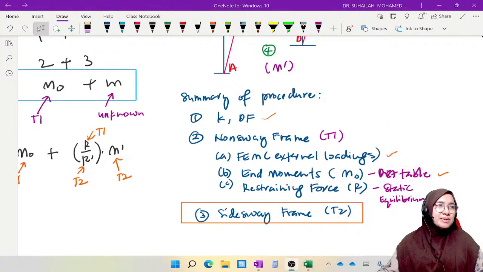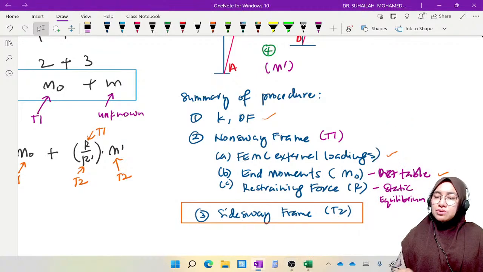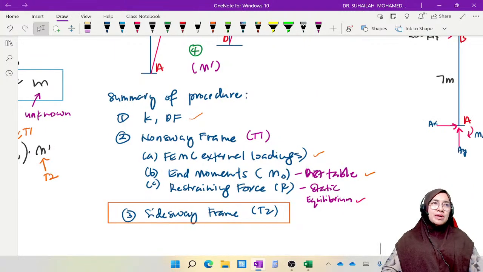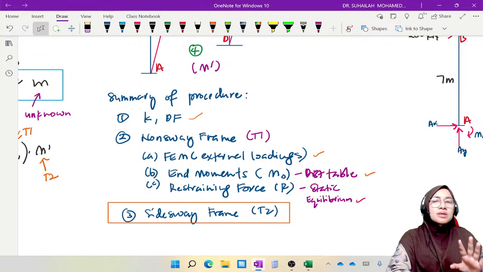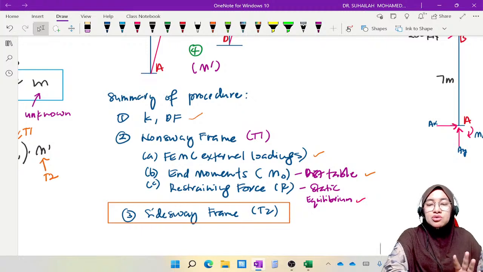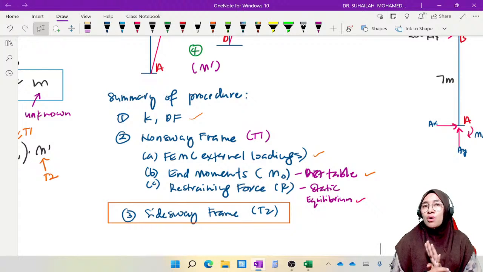So this is the summary of the procedure as shown right now. I can summarize the analysis using moment distribution method in 4 steps.